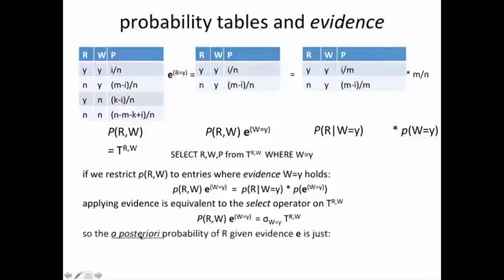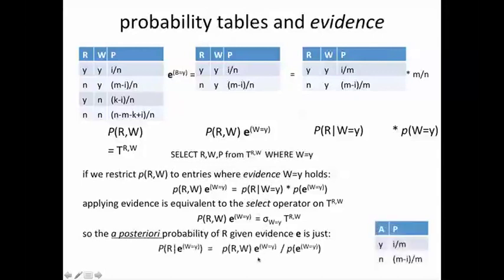The a posteriori probability of R given evidence, which was just this, is now merely the restriction of the joint probability to the case W equals yes divided by the probability of the evidence itself.